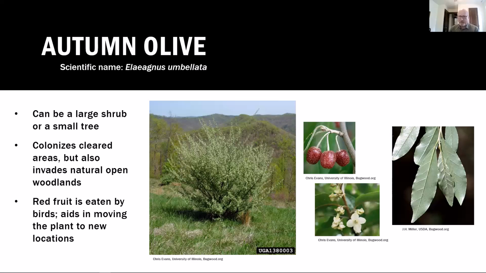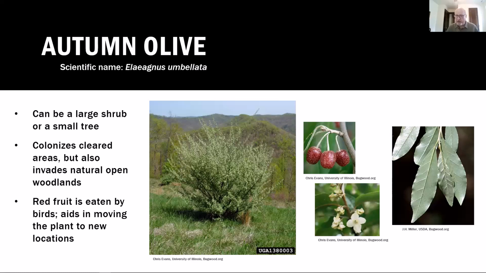I come from Michigan, and one of the natural communities that we have in Michigan that's very important is what we call oak openings. It's a type of savanna, and there's enough light that gets in through the trees that this thing just takes off, and it's just completely taken over those communities, except where it's managed very carefully.